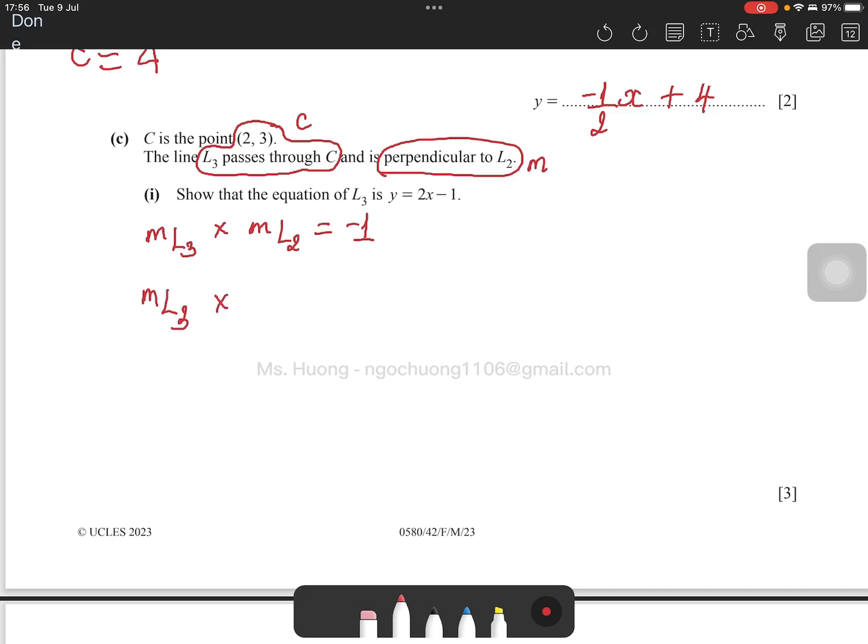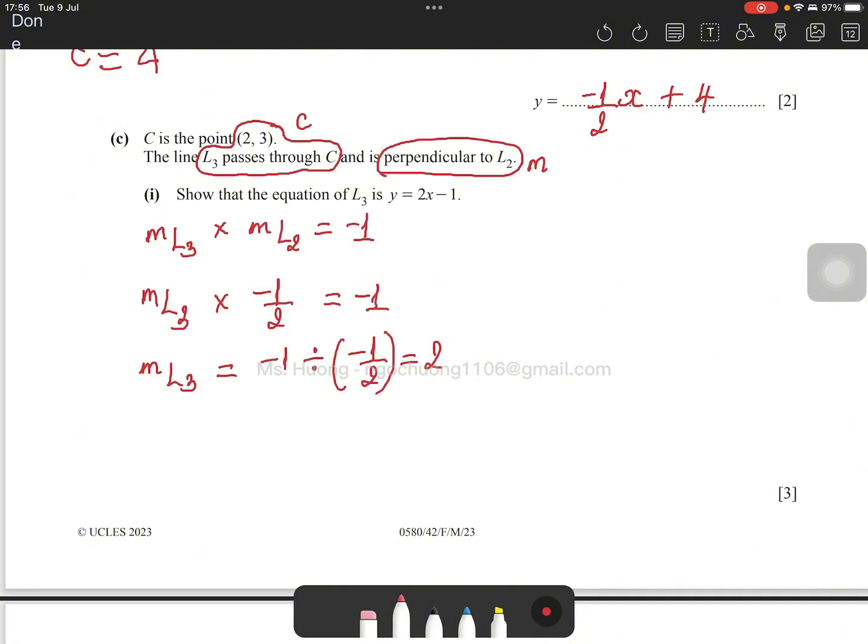So I will substitute -1/2 into this, and then we can find the gradient of L3 by dividing -1 by -1/2, which is 2. So this is the gradient of the line L3.